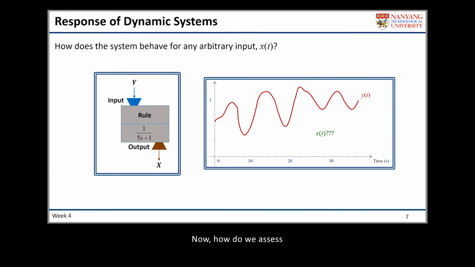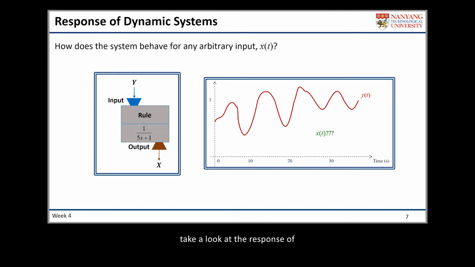Now how do we assess the performance of a system? The behavior of the system will be different depending on the input. Let's say if you are giving a constant input, the output will be different than if you are giving a sinusoidal input. So to which input do we have to assess the system?